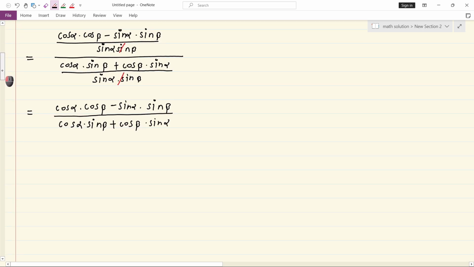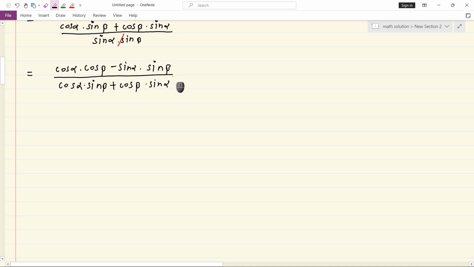Now the main thing starts from here. What we are going to do is multiply and divide with the upper term. What we have in the numerator is cos alpha cos beta minus sin alpha sin beta. So we are going to multiply and divide with cos alpha cos beta plus sin alpha sin beta. We are just going to multiply and divide with the same term.